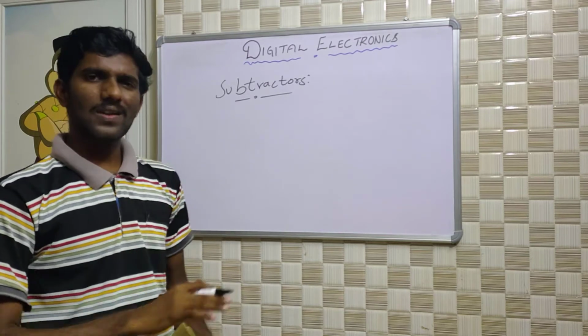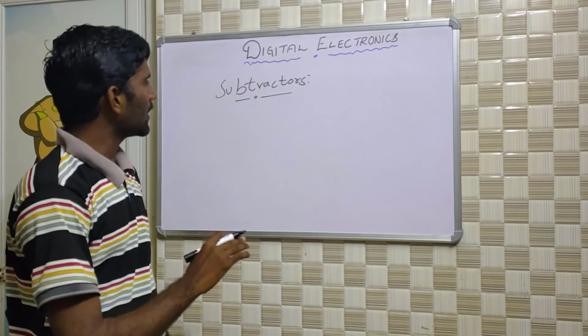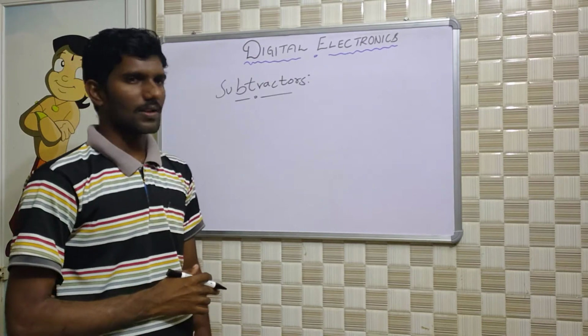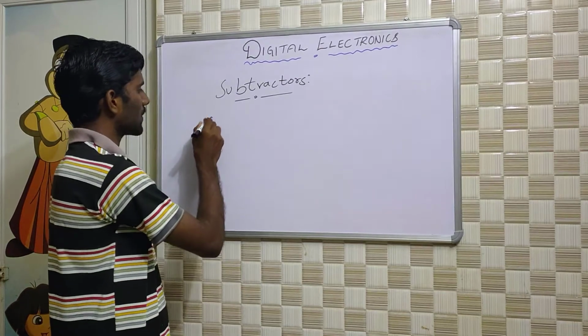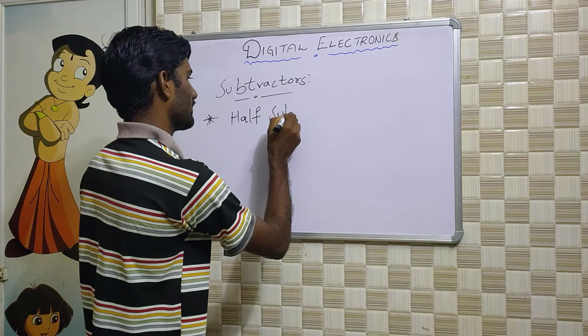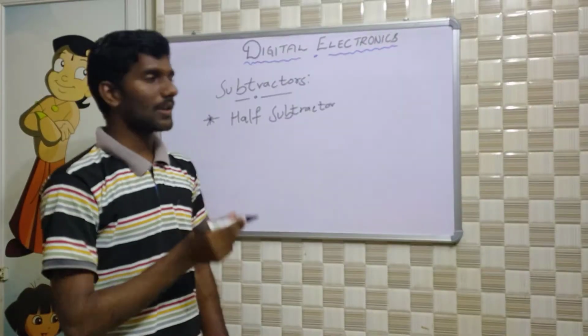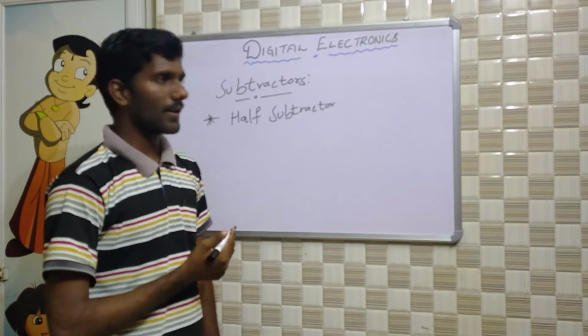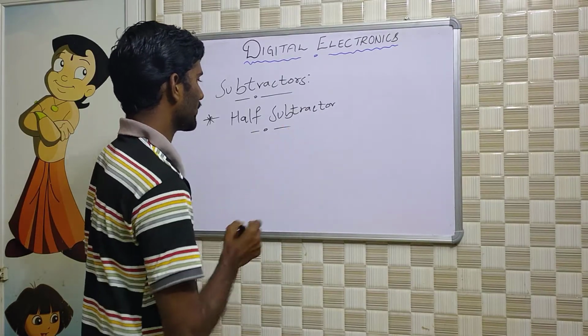So subtraction is also similar to addition; there is no difference in the logic gate circuits. In arithmetic circuits, we'll see the half subtractor first, then it will be clear how subtractors and adders look similar.